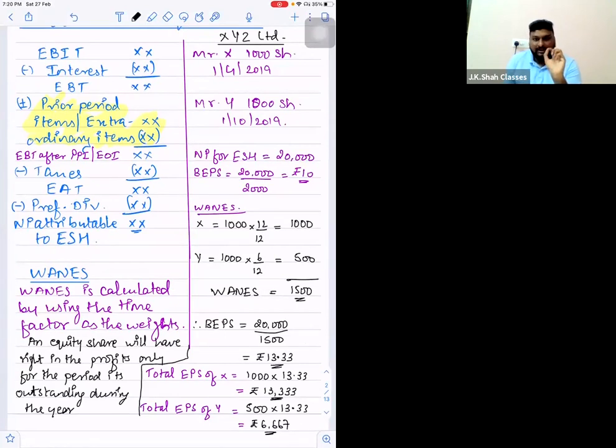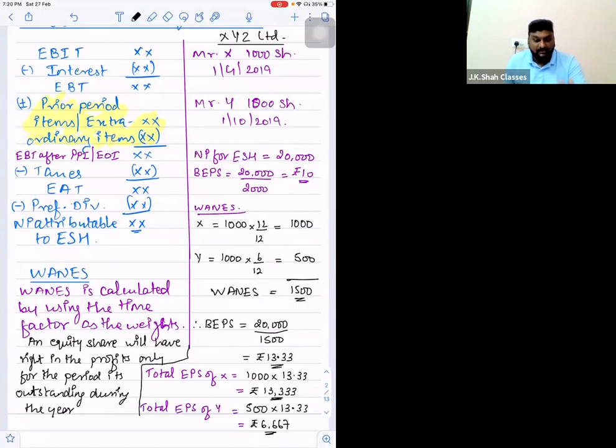And sir, one technical point I will say, please try and understand this. Sir, this is very much technical. Generally, weighted average number of shares of a company for almost all the financial years are exactly the same, unless new equity shares are issued by the company.